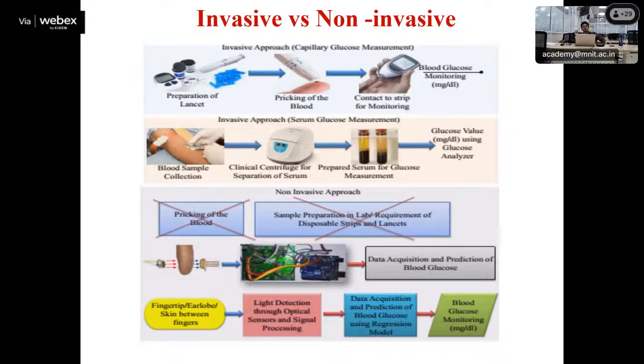For that, you need to identify a reliable technology so that you can measure the body blood glucose from the surface only. Where you want to measure some health parameter from outside the body, we consider it non-invasive.